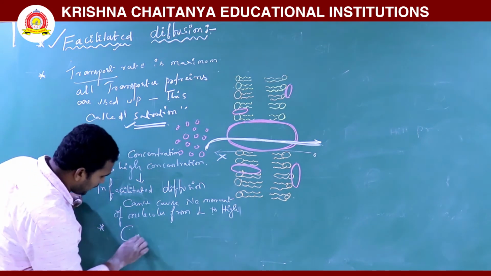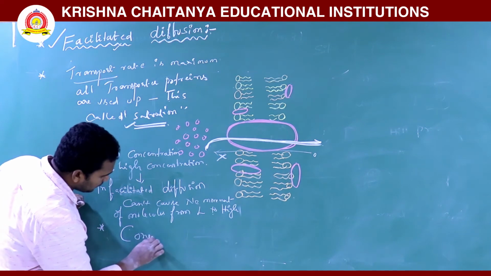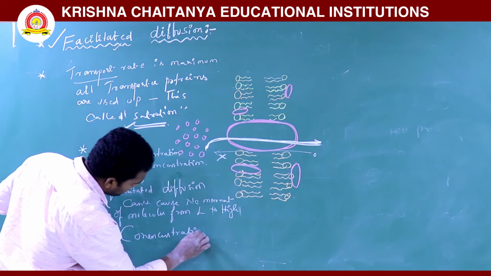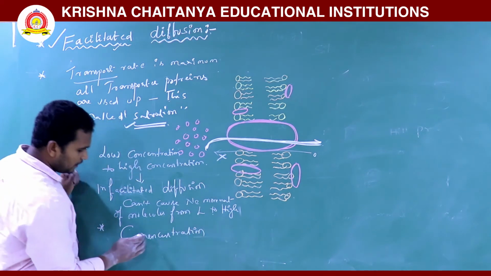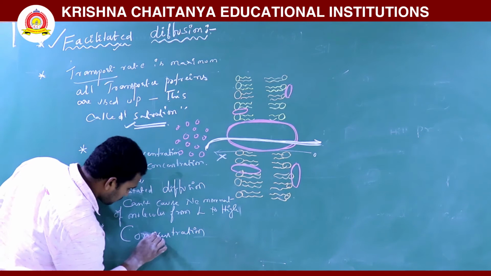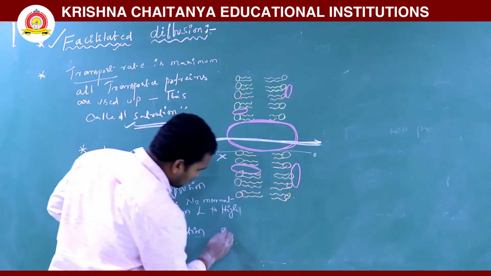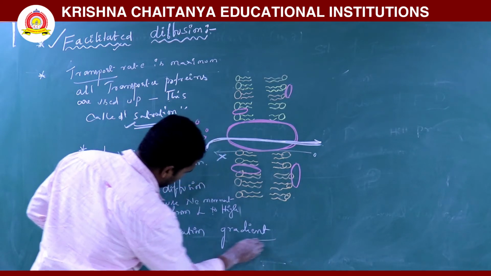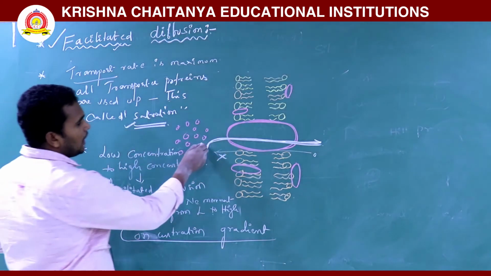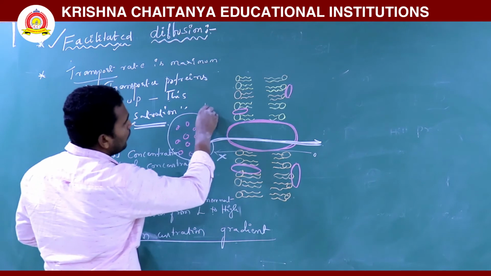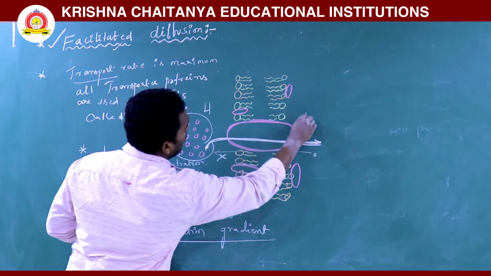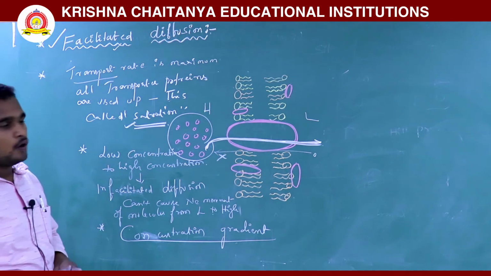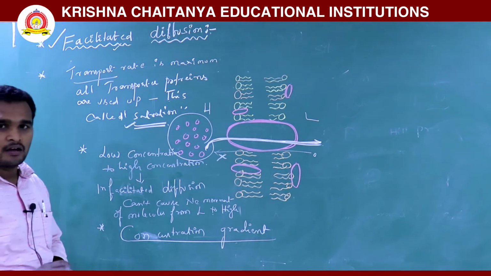Concentration gradient means high concentration to low concentration it is moving. Always high concentration to low concentration it is moving.